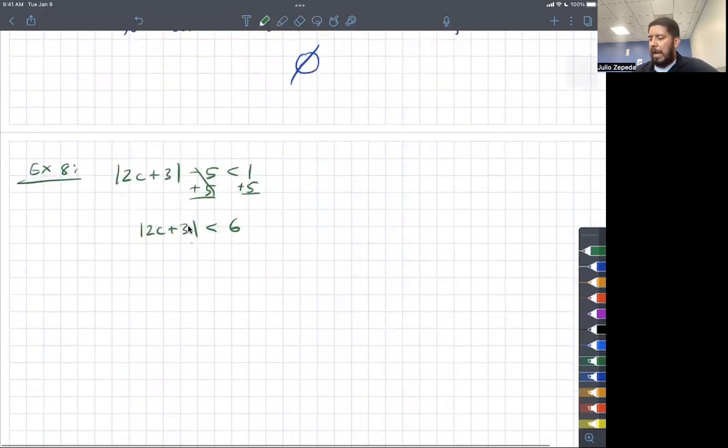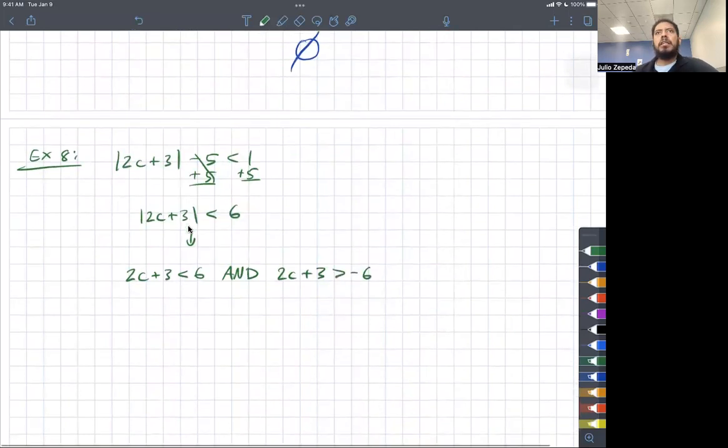And this single absolute value inequality is going to become 2c plus 3 less than 6 and 2c plus 3 greater than -6, right? We're applying rule number 3 here. Basically, in one of the inequalities you drop the absolute value.